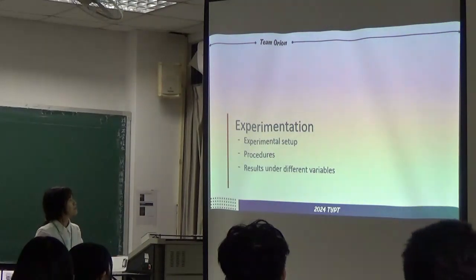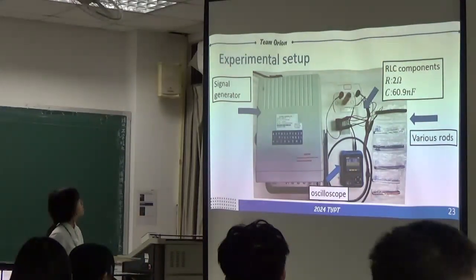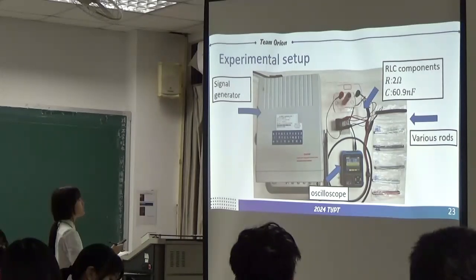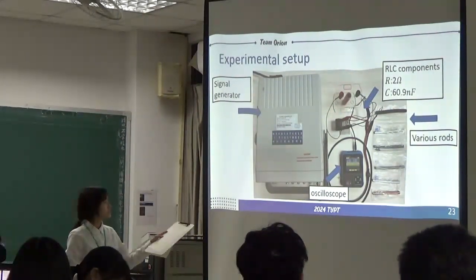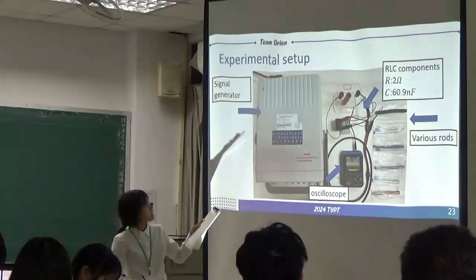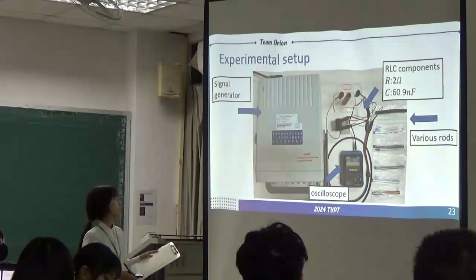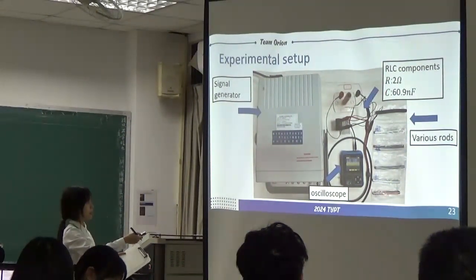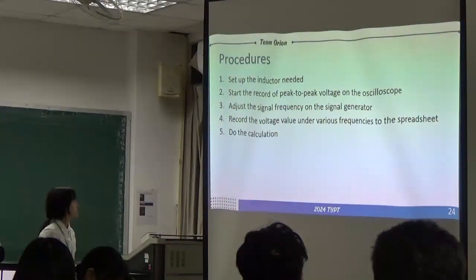Next is our experimentation. This is our experimental setup, including the signal generator, oscilloscope, various rods, and the RLC components. And this is what we use. Okay, it's about the procedures.